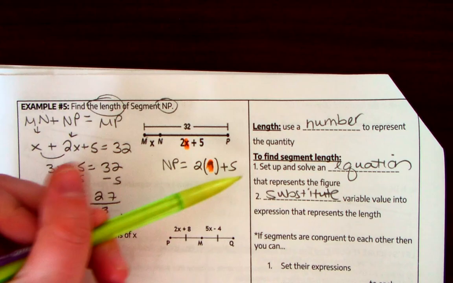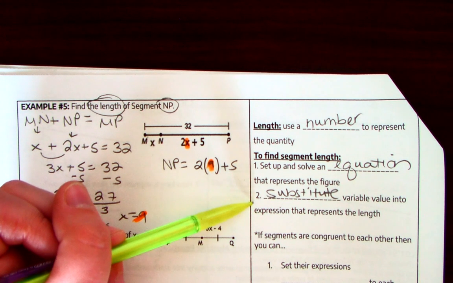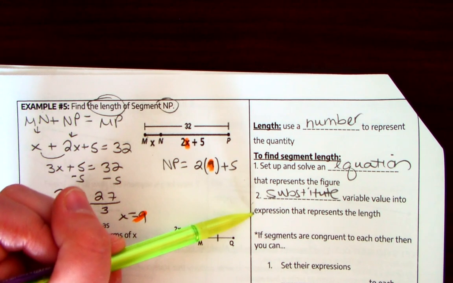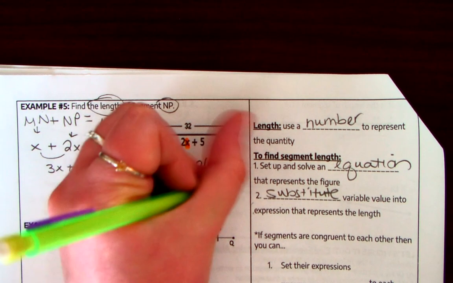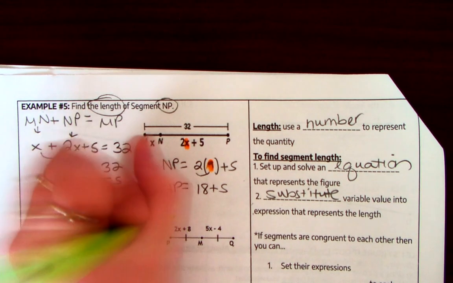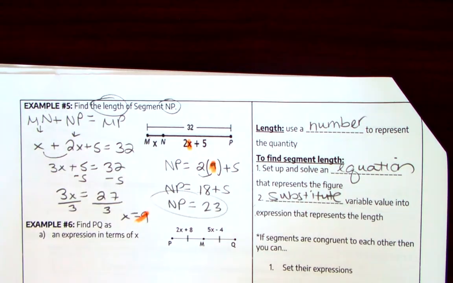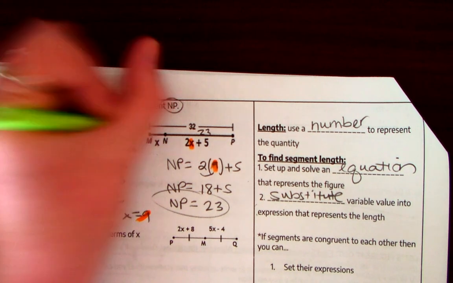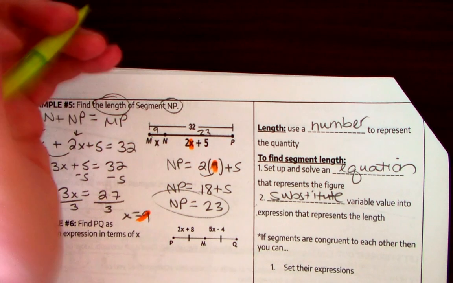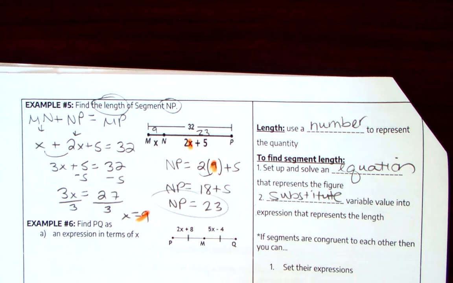So the first step after I set up and solved my equation that represents the figure is substituting the variable value into the expression that represents the length. Now I'm just going to do this math. 2 times 9 is 18 plus 5. We get NP equals 23. And that makes sense because if this length is 23 and MN is the length of X, which is 9, 9 plus 23 is 32.